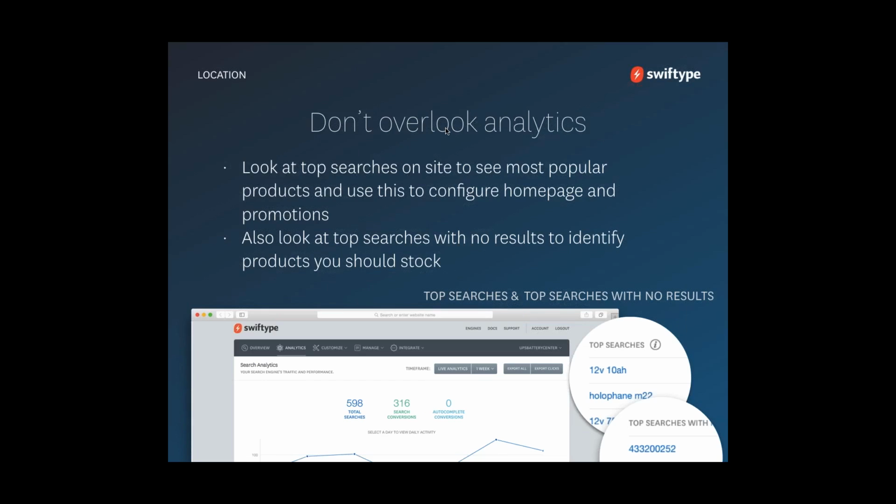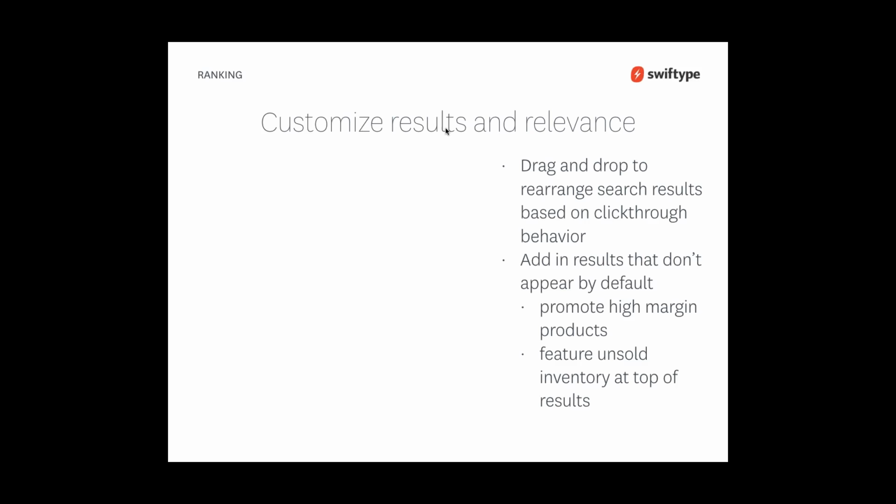Equally as important, and I think you've gotten some good insights from James and Joe around analytics that Amazon provides for the Amazon search experience, you can get that same or similar information for your own site search analytics. So you can see things that are top searches on the site to see what the most popular products are being searched for at any given time, and use that to configure different pages or promotions.